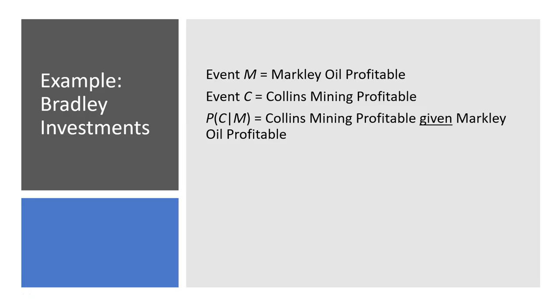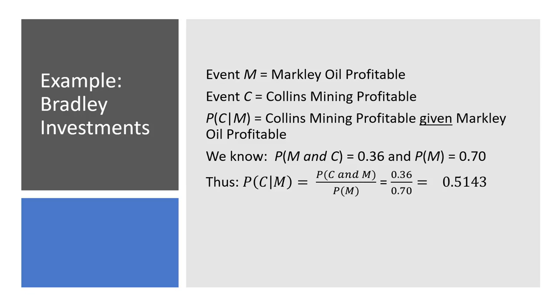So let's look at the example of Collins Mining being profitable given that Markley Oil is profitable. We calculated when we learned about joint probability that the probability of both Markley Oil and Collins Mining being profitable is 0.36. And when we calculated the probability of Markley Oil, we found that that was 0.70.